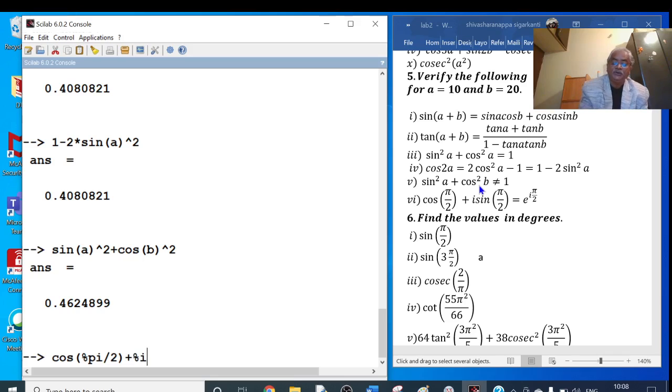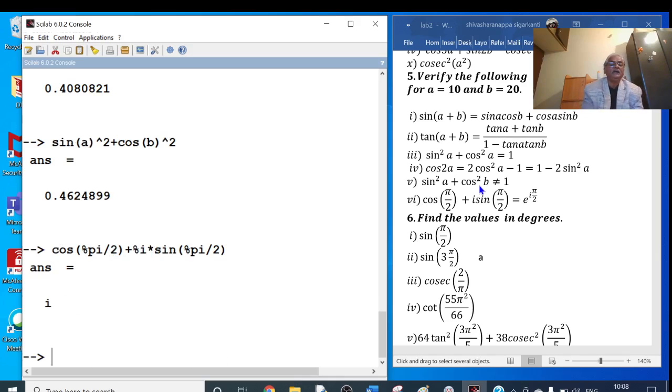Percent i, into, that is star, sin pi by 2, sin in the bracket pi, pi is given by percent pi by 2. So this is our cos pi by 2 plus i sin pi by 2. Enter. I am getting it is equal to i.